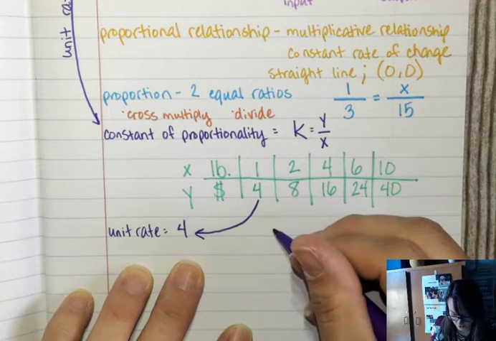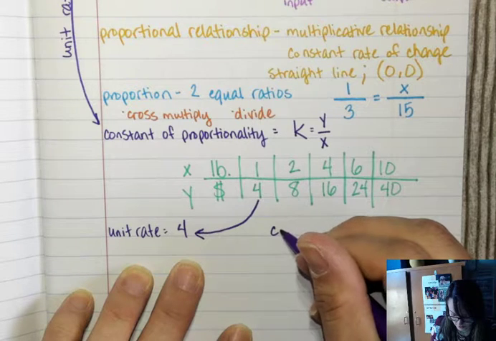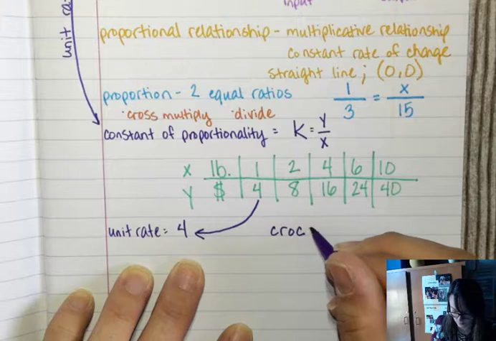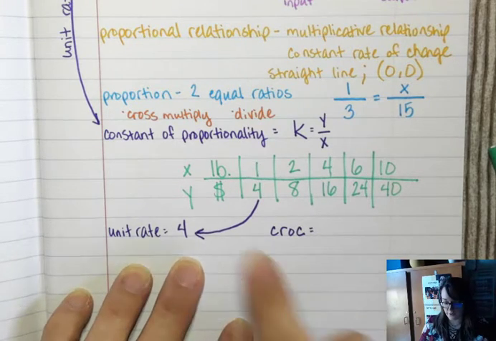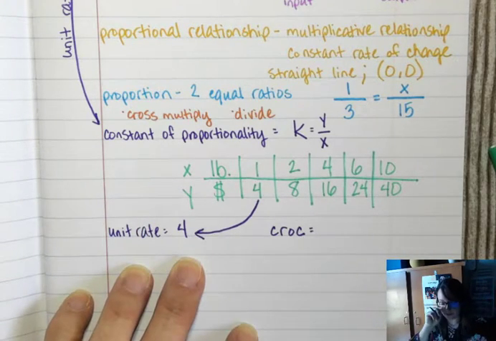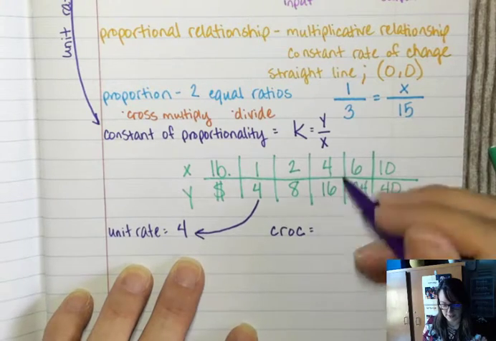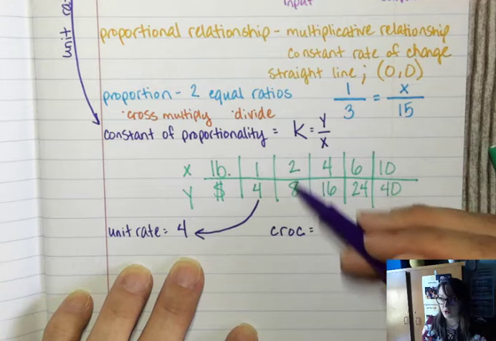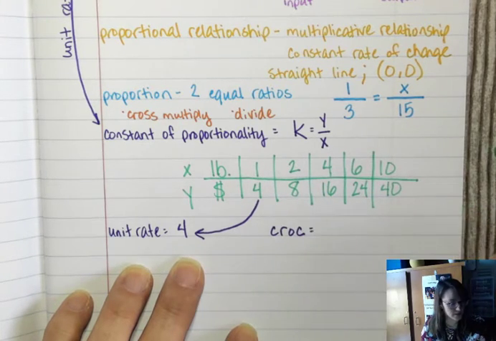Constant rate of change is the same. So 16 divided by 4 is 4. 8 divided by 2 is 4. 4 divided by 1 is 4. 24 divided by 6 is 4.